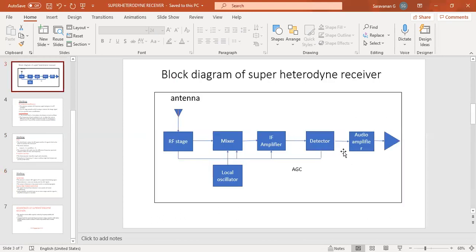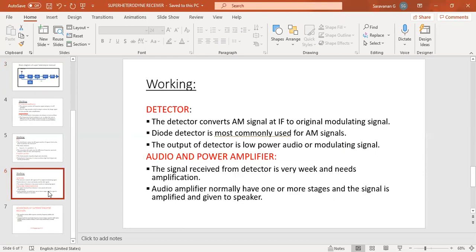After the detector, the demodulated signal is given to this audio amplifier for the purpose of amplification. The signal received from the detector is very weak and hence it needs to be amplified.